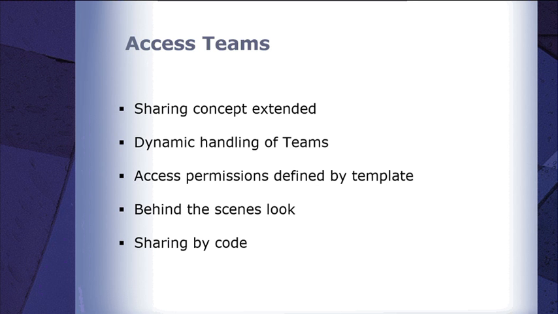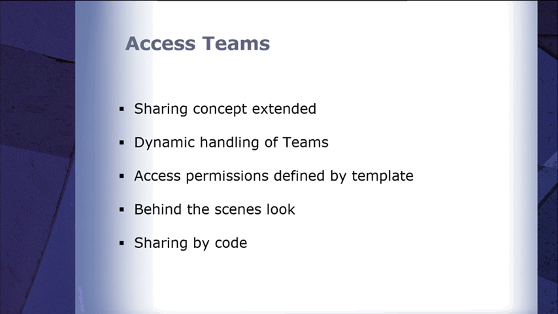It will go and create the teams. It will share the records with the users you've selected. So dynamic handling of the teams is done by using access teams. Now, what happens to the permissions and privileges that we used to give earlier? Well, there's a new concept called access team template.